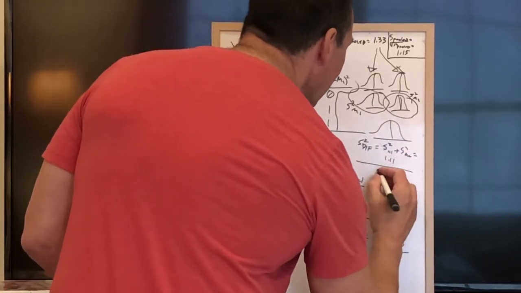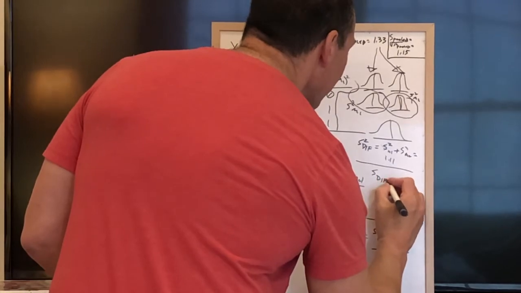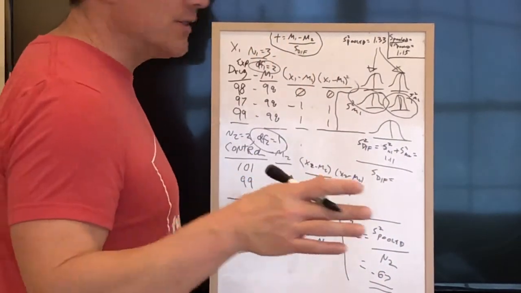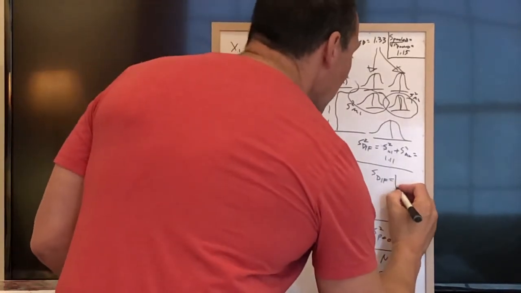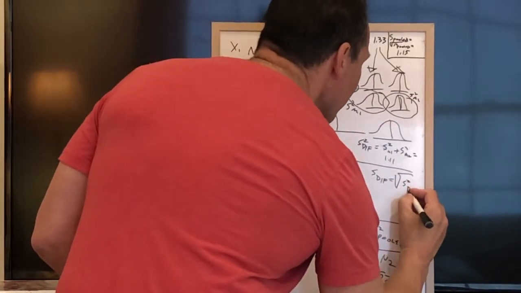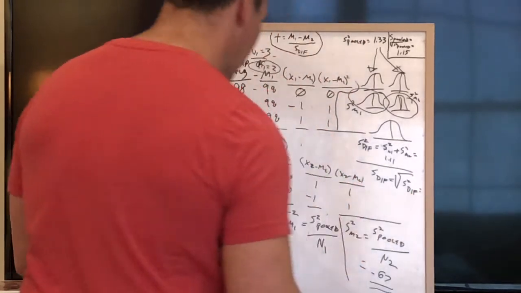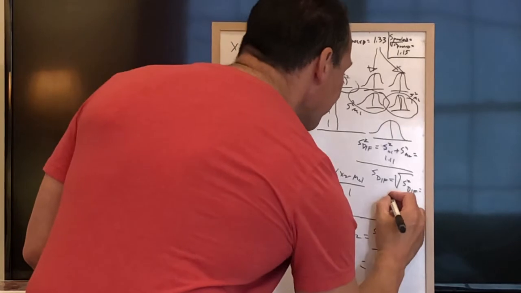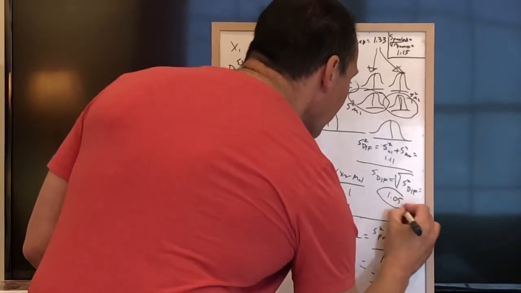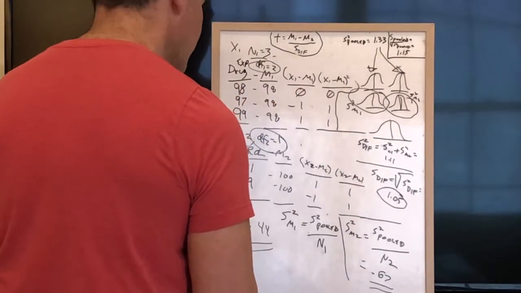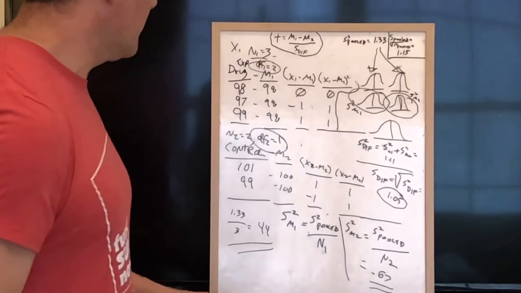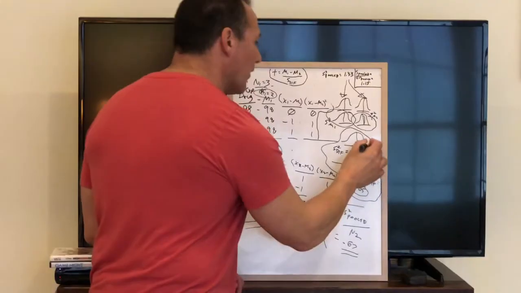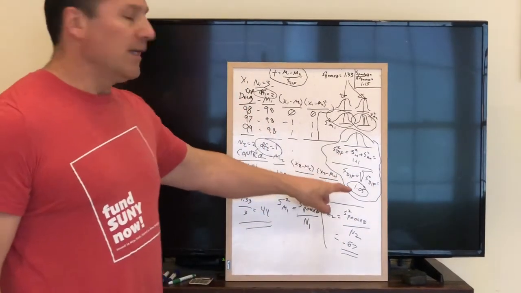And then S sub diff, which is the standard deviation of the comparison distribution, is simply the square root of S square sub diff, which is the square root of 1.11, which is 1.05.